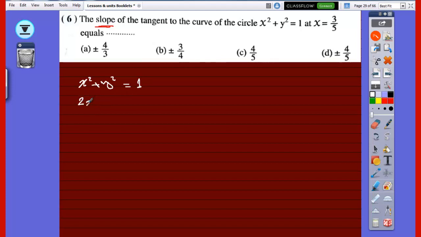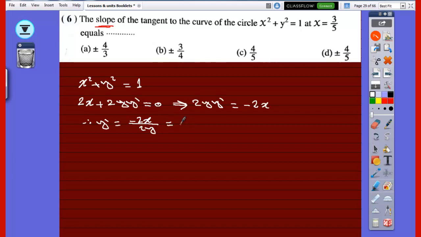So 2x + 2y y' = 0, and then 2y y' = -2x, then y' = -2x over 2y, which equals -x over y. This is y'.